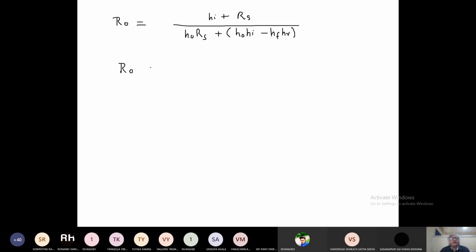Now R0 is equal to (HI plus RS) divided by (H0 RS plus delta H).